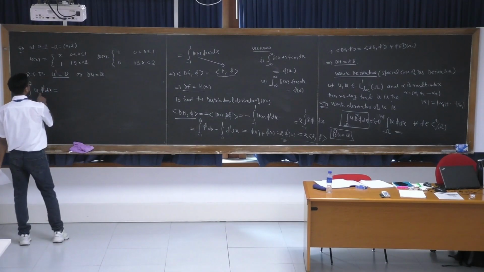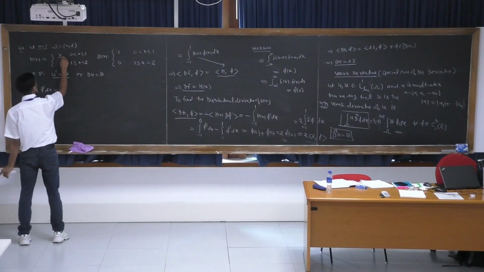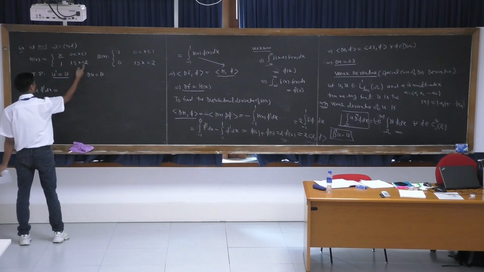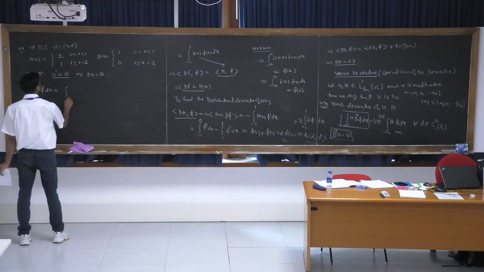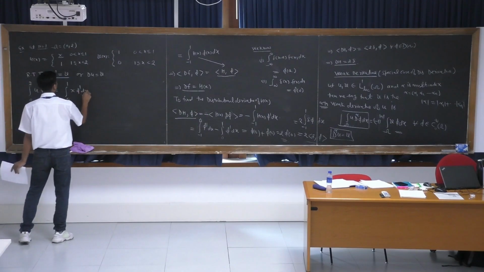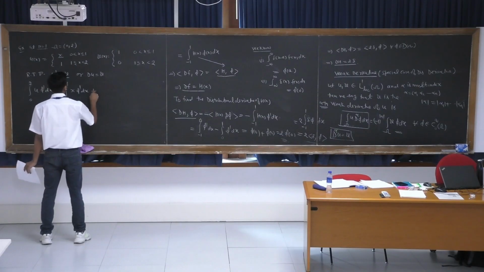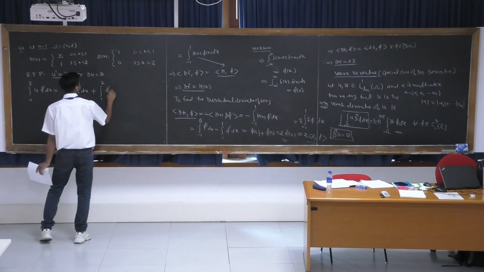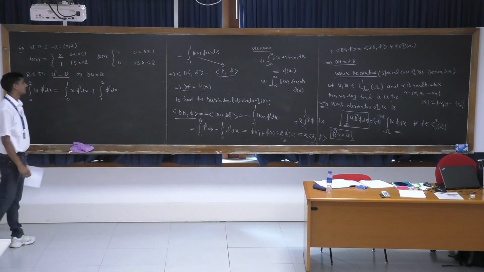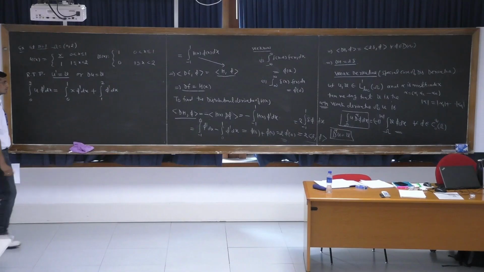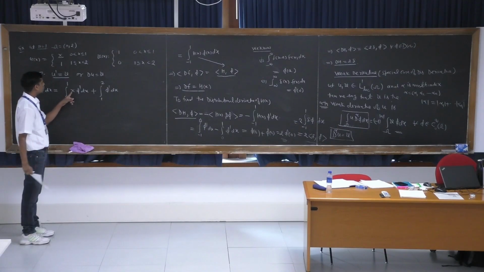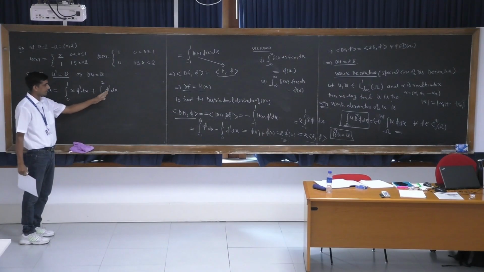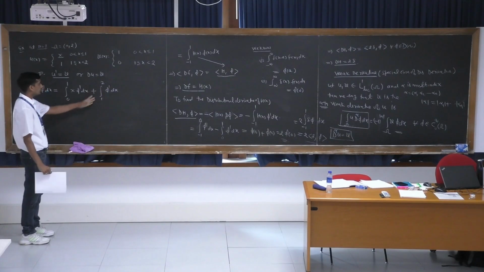So start from here. The value of u is x over this interval and 1 over this interval. So this becomes the integral from 0 to 1 of x phi dash dx plus the integral from 1 to 2 of phi dash dx. Okay, so now see here, you can integrate this by parts. This is phi dash, so its integration is phi, and you can put the limit.